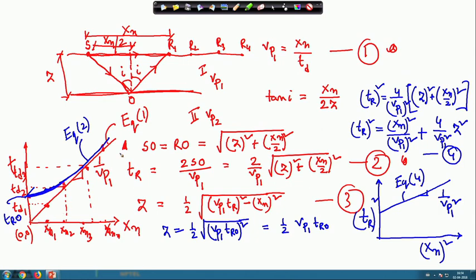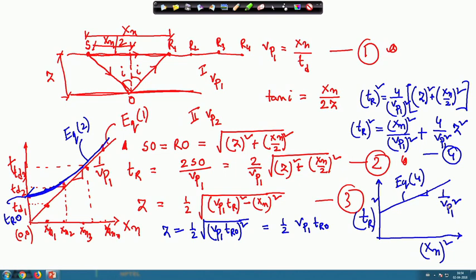Where V_p1 we can easily determine because it is a straight line, but for getting the z value, it is a hyperbolic curve. Sometimes it is very difficult to draw a hyperbolic curve from the points. That is why we are making a square graph, x_n square and T_r square, and drawing this curve. The slope of this curve will give us 1 by V_p1 square.